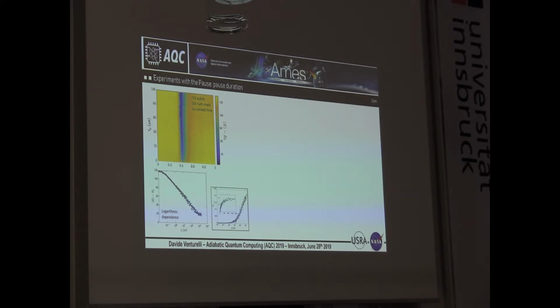So what we see is, if you plot in color code the excess energy with respect to the ground state, and you have the pause location on the x-axis, and the pause duration on the y-axis, what you see is that there's a very well-defined region where you need to pause to cool down the system. And the longer you pause, the cooler the system becomes.